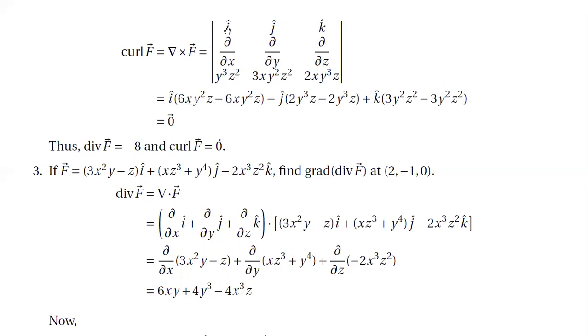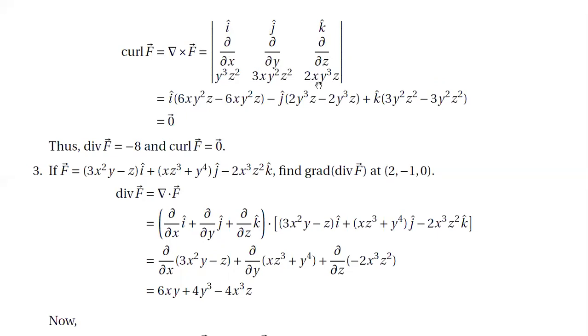So let's solve it. Leaving the first column and the top row, I get i into dou by dou y of this term, which will be 2x into y cube, differentiation will be 3y square.